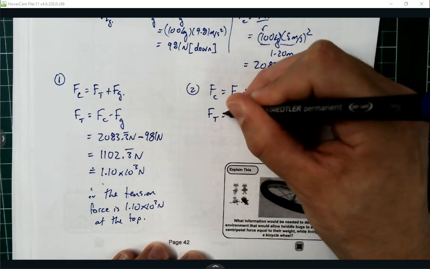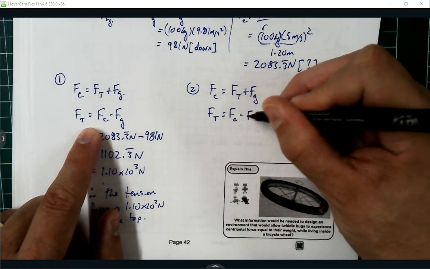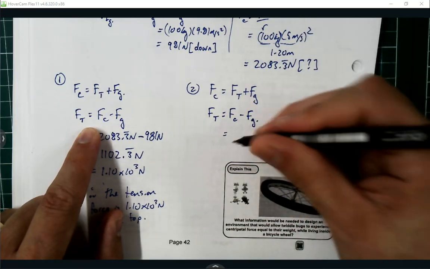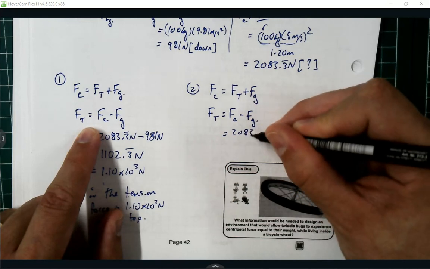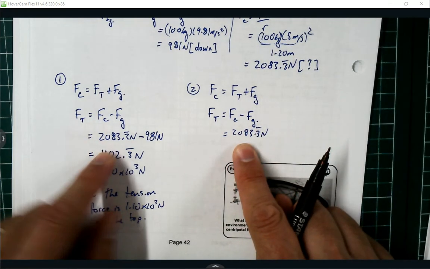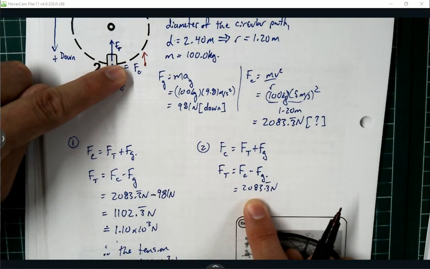If we get FT all by itself, we actually end up with the exact same equation as the one before. FC minus FG. When I sub in my values, the FC hasn't changed because it's going at the same speed at the bottom, so 2083.3 repeated newtons. However, at the bottom, what direction is FC pointing at? Upwards.